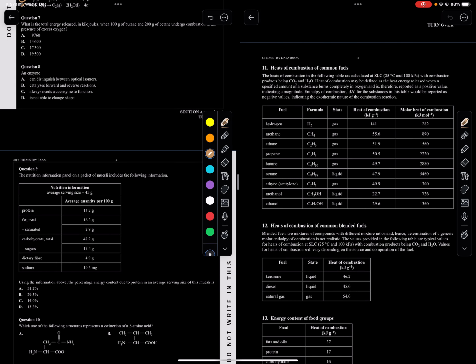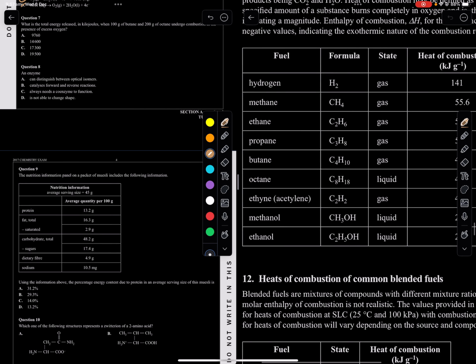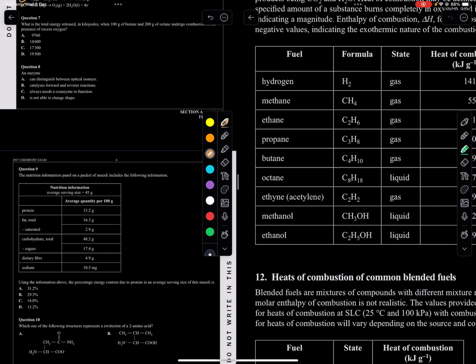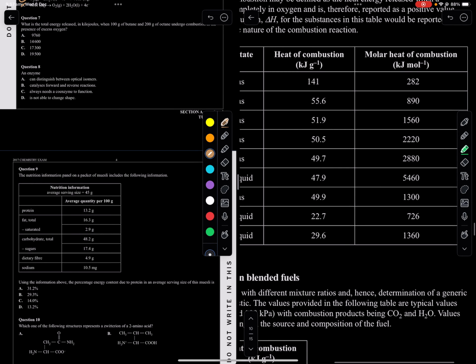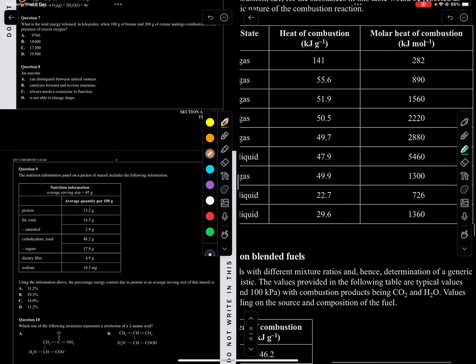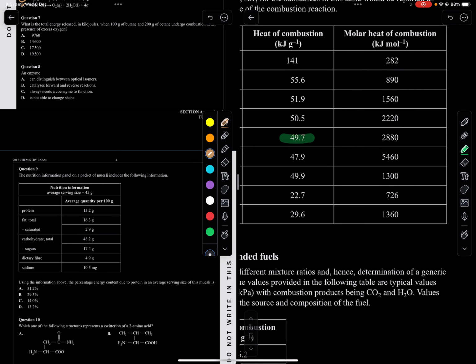So we're looking at butane and octane. So what are the energies? Because we are dealing with grams, we're going to use this one over here. So for butane, it's going to be this one. And for octane, it's going to be this one.